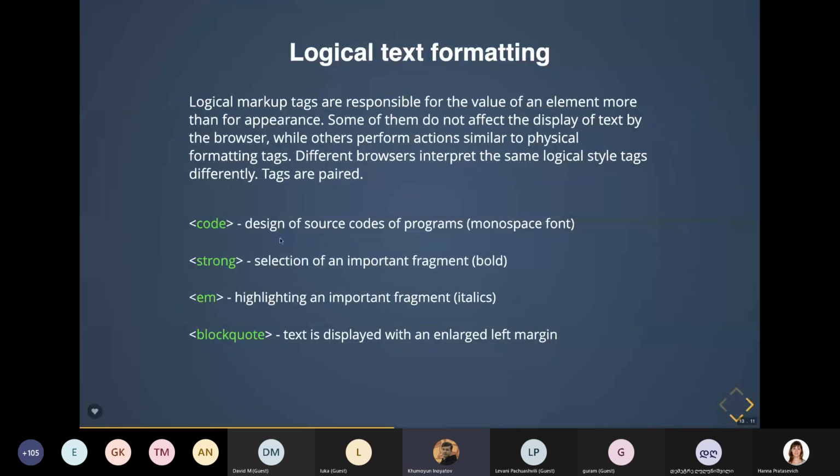So, also there are other text tags like code, strong, em, and blockquote. When you're writing some piece of code on your web page, you can use the code tag. If you want to emphasize some word or text, you can use strong.